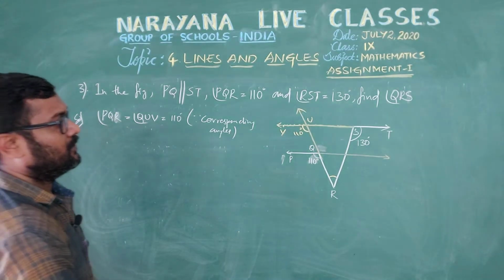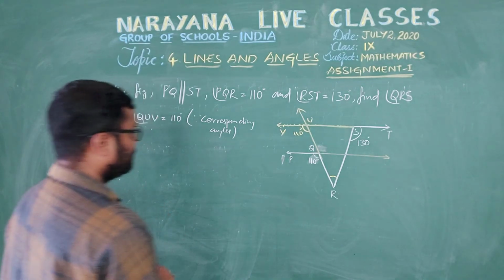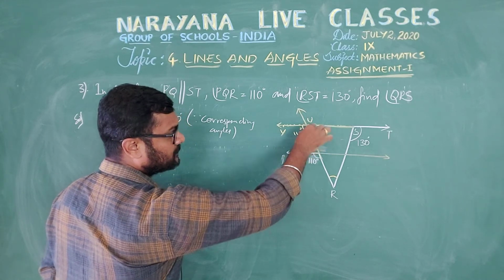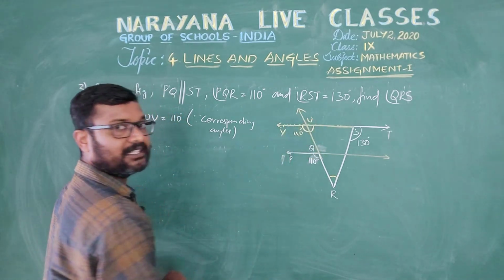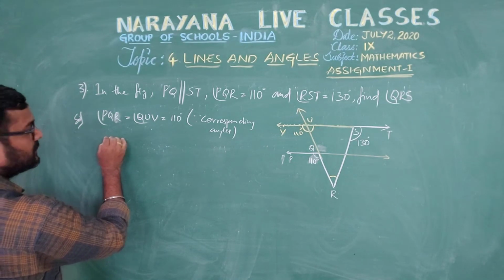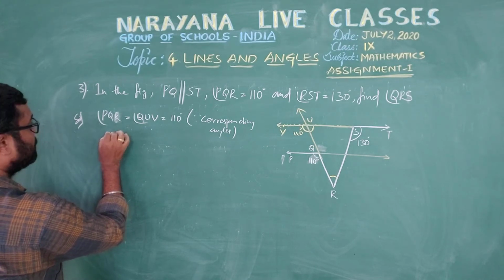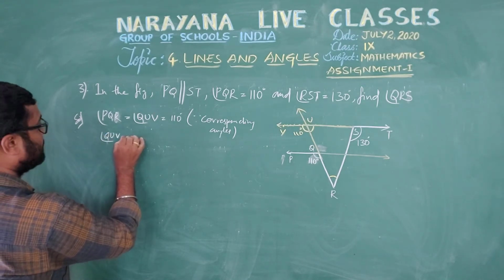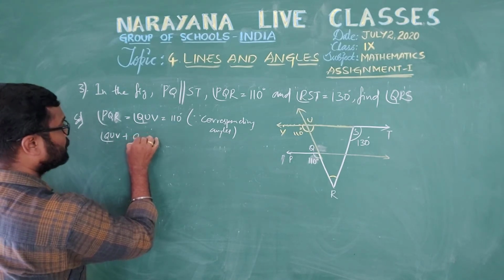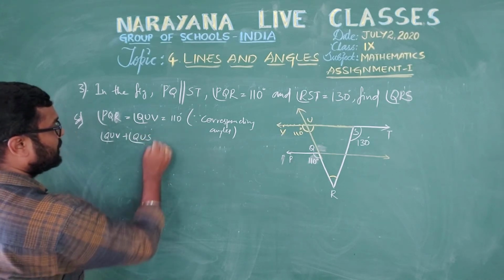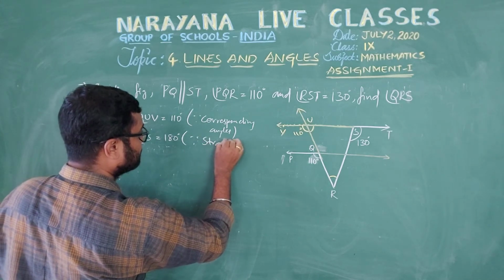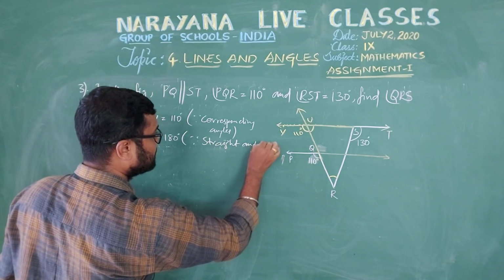Now see here, this total angle is what? Straight angle, isn't it? That means angle QUV plus angle QUS is equal to what? 180 degrees. Why? Since it is a straight angle, isn't it?